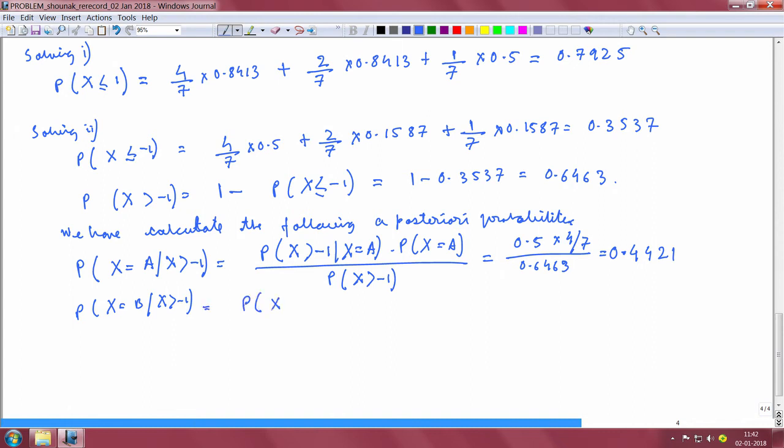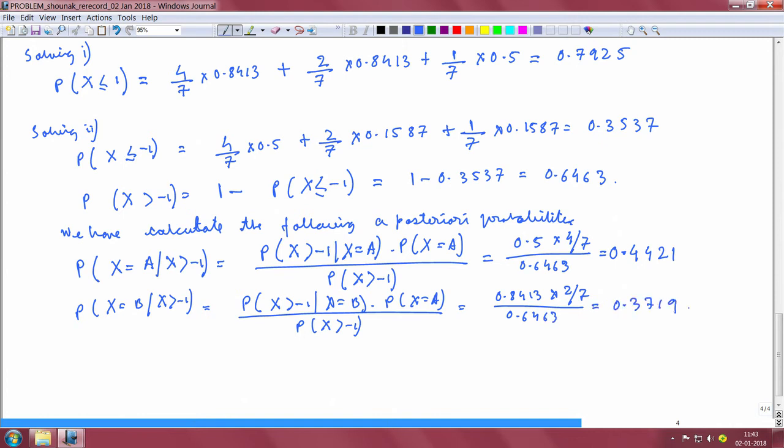Similarly, we have the probability that x equal to b given x greater than minus 1, which is equal to the probability that x greater than minus 1 given x equal to b, into the probability that x equal to b, divided by the probability that x greater than minus 1. I will just write down the value over here: 0.8413 into 2 by 7 by 0.6463, that is equal to 0.3719.